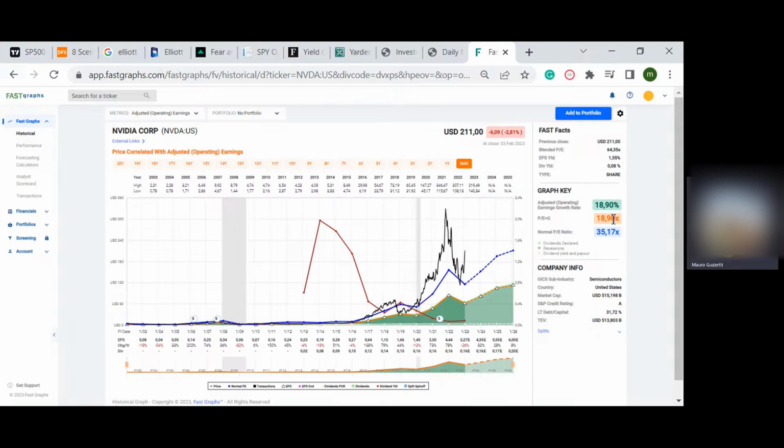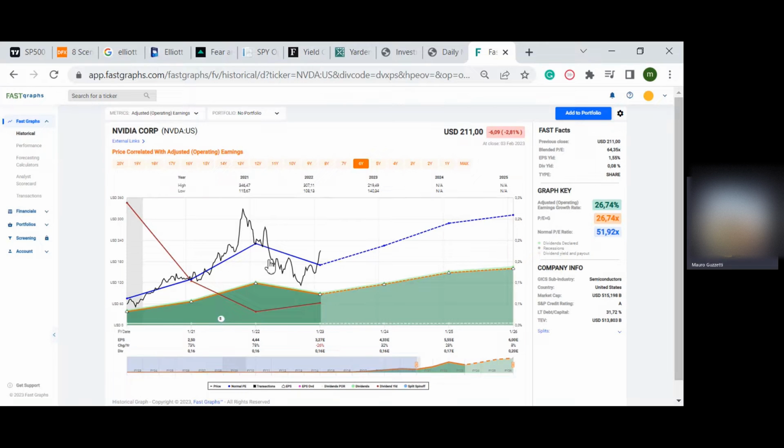Nvidia grew 18% over time, so this tool would expect a P/E of 18. The normal P/E would be 35. We are now at a 64 P/E with a company that is not expected to grow 64% at all, in extremely overvalued territory. Not as much as in the bubble, but still not good, guys.